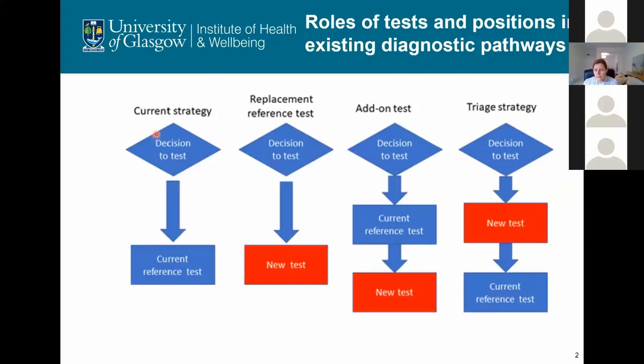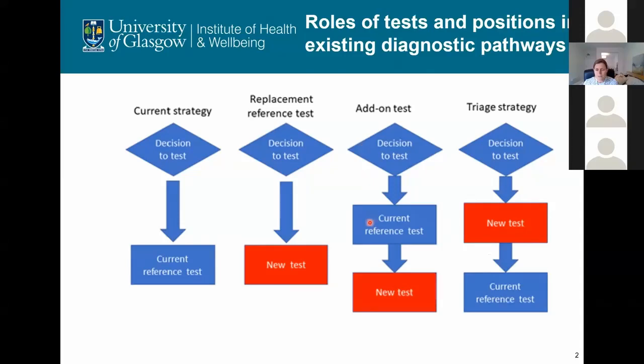So this graphic just illustrates the different ways tests can be used. So if you think about a GP sending a patient for an X-ray, that might be replaced by a new test. So rather than sending them for an X-ray, you send them for an MRI. You could also put a new test into an add-on position.